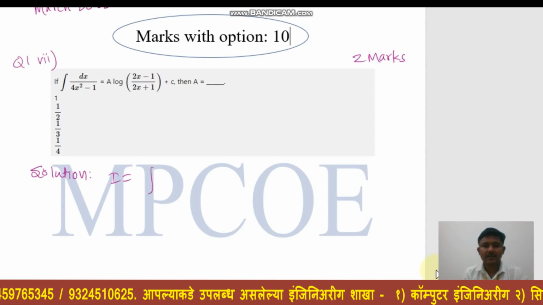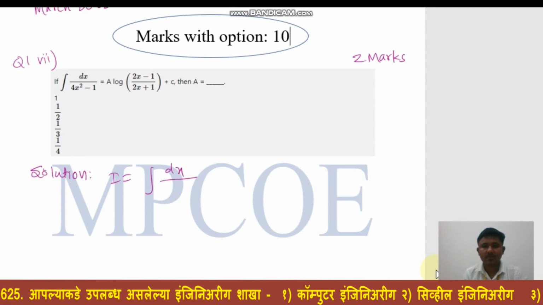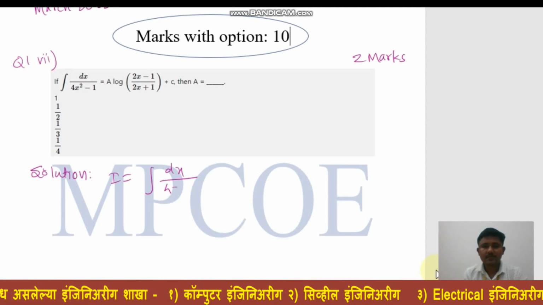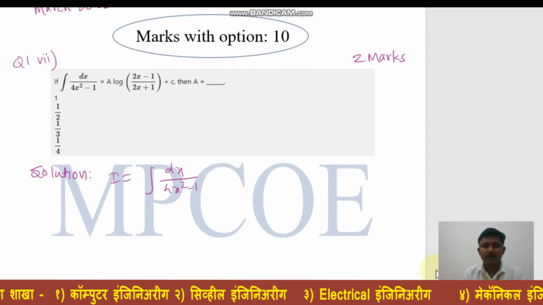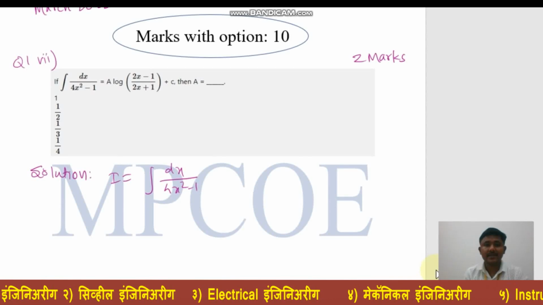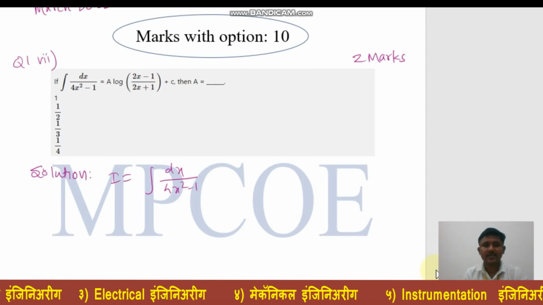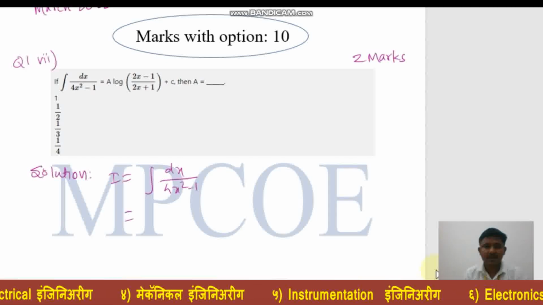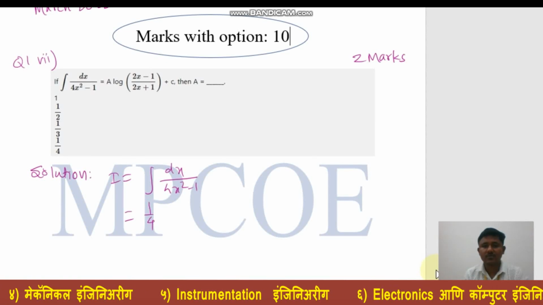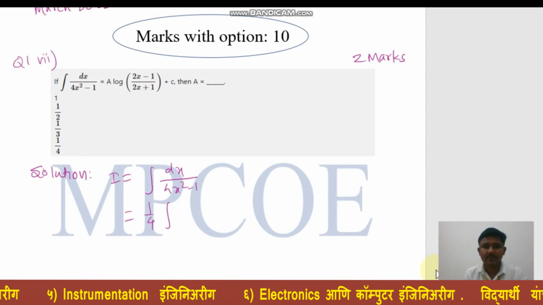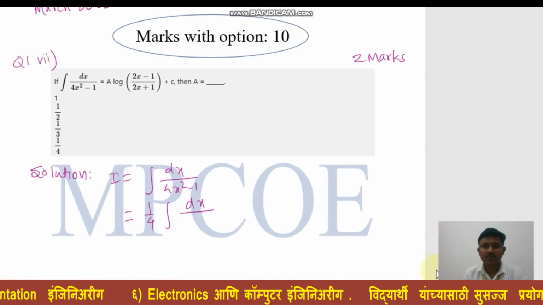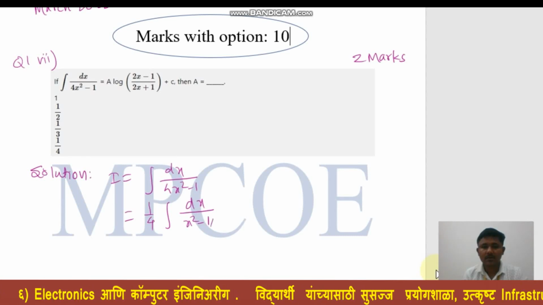Suppose I be the integral dx upon 4x square minus 1, and the value of that integral is given to us. So I have considered I to be the LHS. That will be 1 upon 4, because 4 is constant. So if you take it outside, it will be dx upon x square minus 1 upon 4 only.